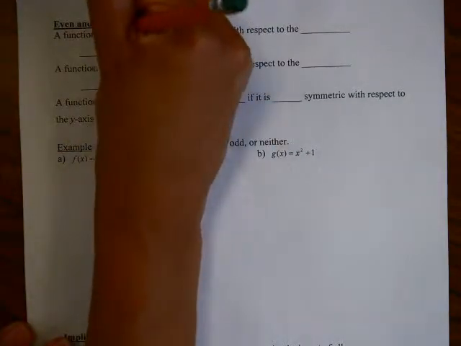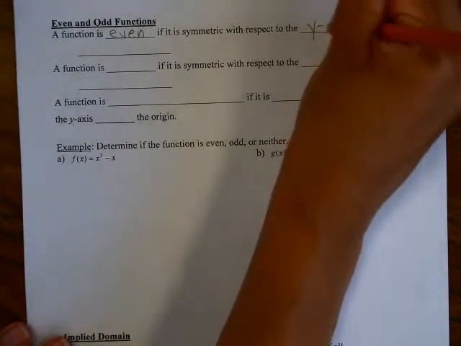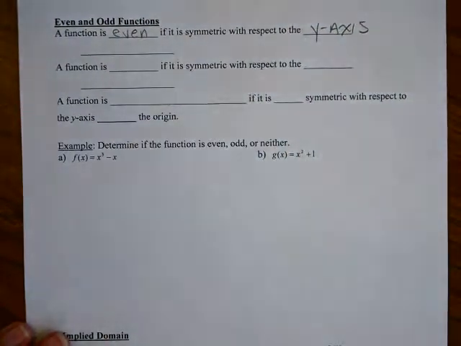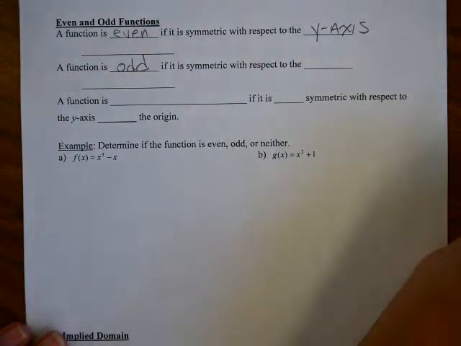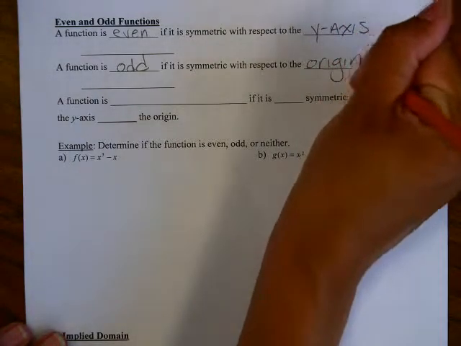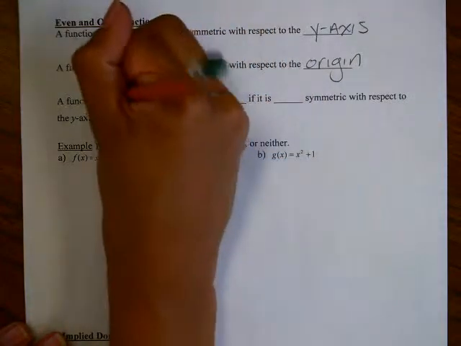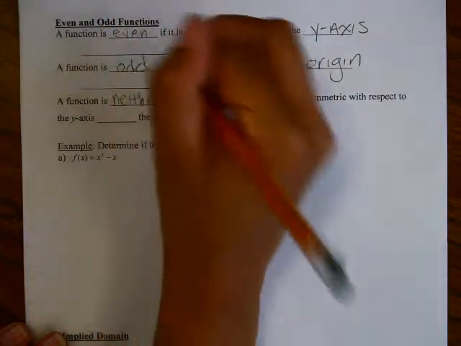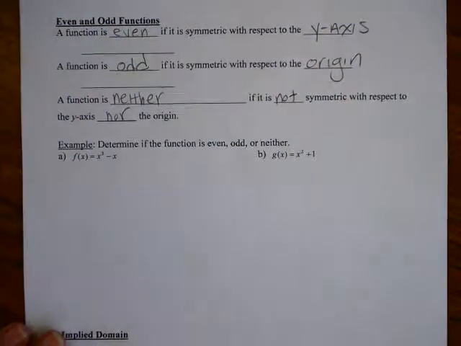So a function is even if it is symmetric with respect to the y-axis. A function is odd if it is symmetric with respect to the origin. Well, there's another good way to remember, O and O always go together. And a function is neither if it is not symmetric with respect to the y-axis nor the origin.